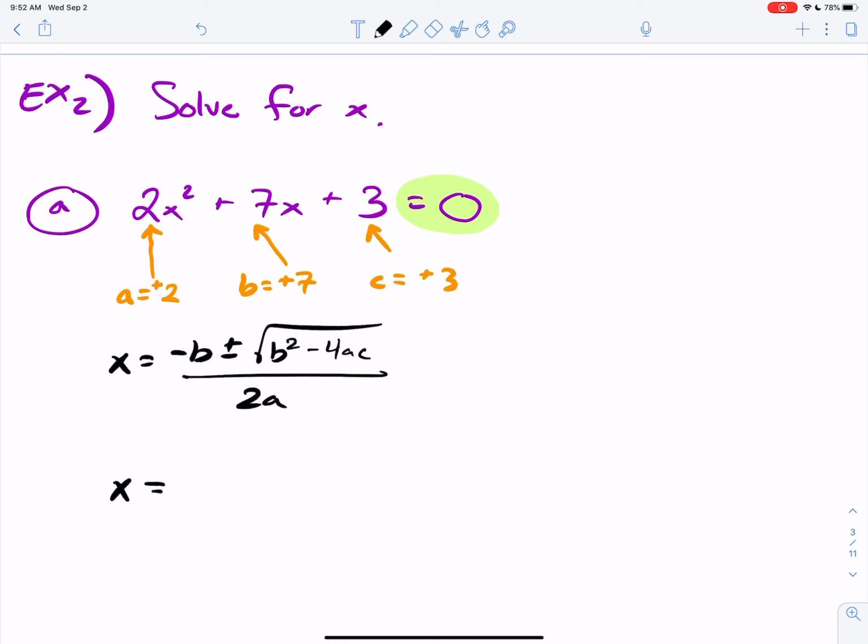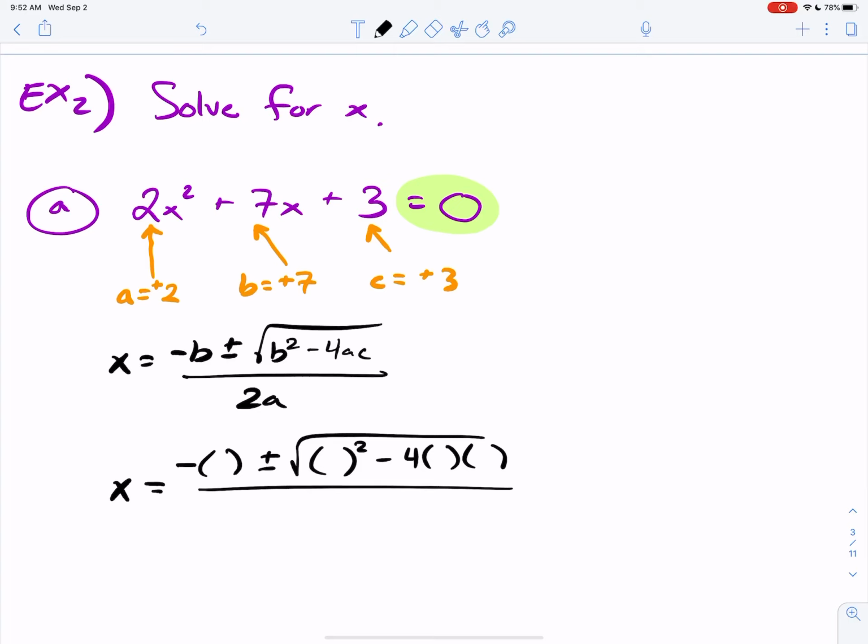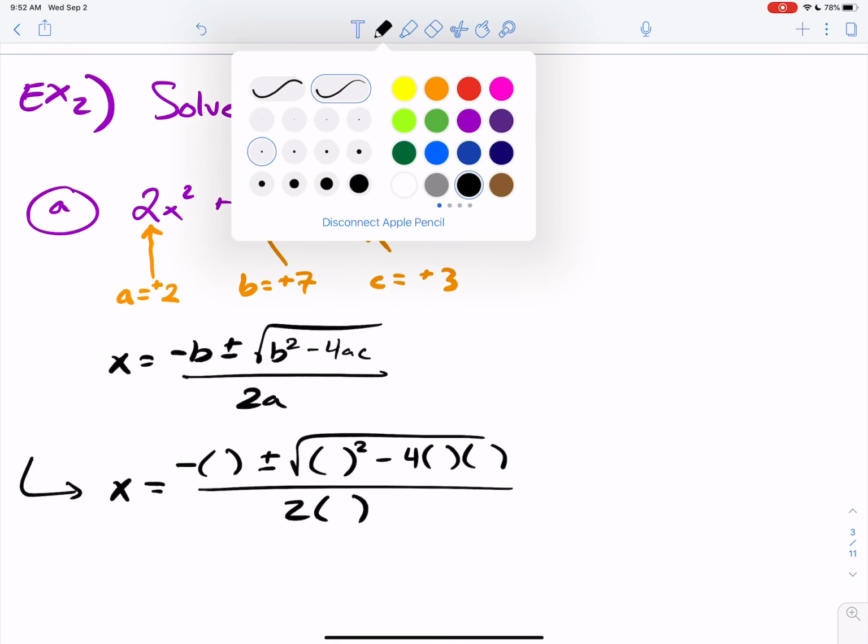So I have x equals negative b plus or minus square root b squared minus 4ac all over 2a. If you're the type that tends to mix up their signs, this is perfect for you guys. All right?